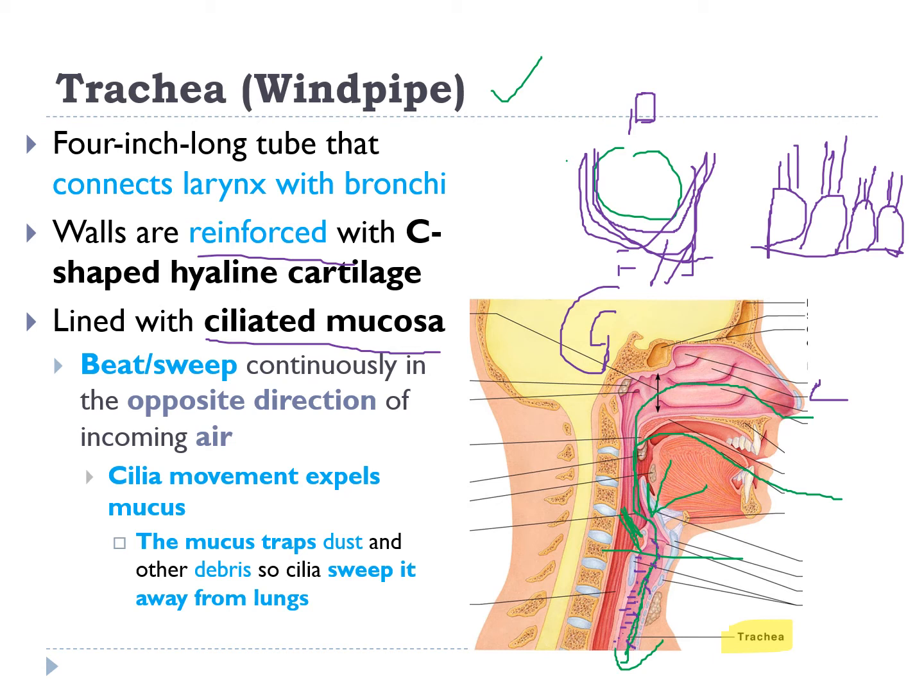They're more like fingers, and the reason is that the cilia sweep back and forth. Remember, the purpose of mucosa is to use that mucus to trap dust, dirt, debris, even if there's virus or bacteria in the air. We want them to get trapped in the mucus of the mucosa. And what the trachea does with the cilia, the fingers, is they sweep back and forth and actually help push all that gunk that's trapped in the mucus back up and out.